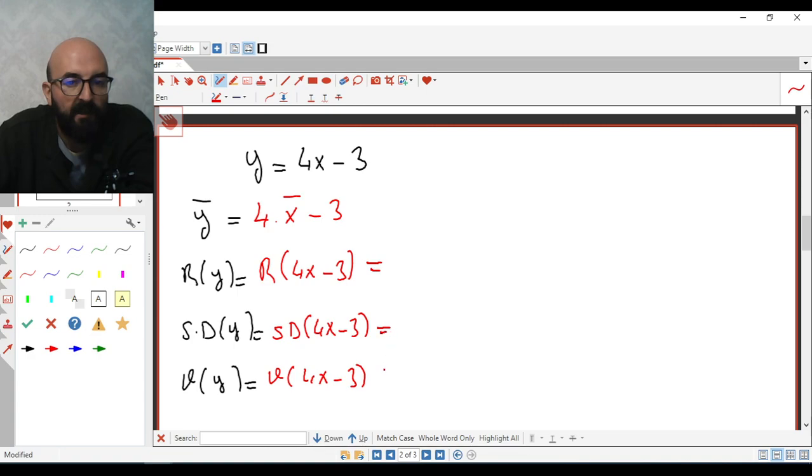And please notice that the factor 4 affects the range, the standard deviation, and the variance.